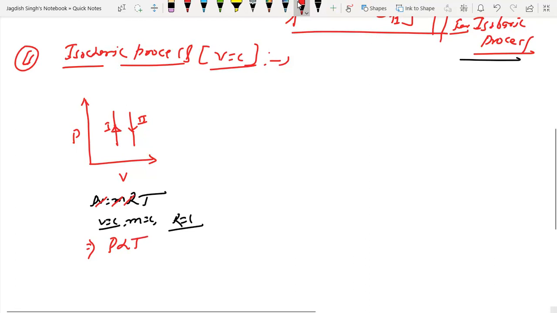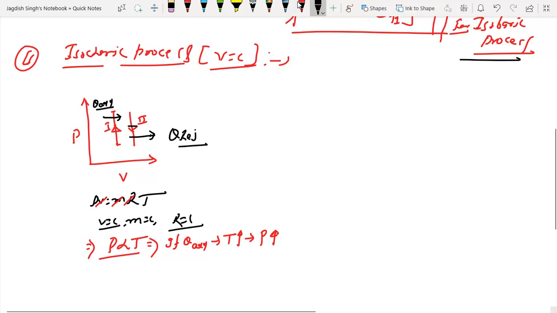As we follow this curve 1, if heat is added, that means the temperature will increase. When temperature increases, since temperature is proportional to pressure, the pressure will increase. So in process 1, the pressure increases. That's why in this process heat is added. And it is just vice versa in the other, where heat is rejected.